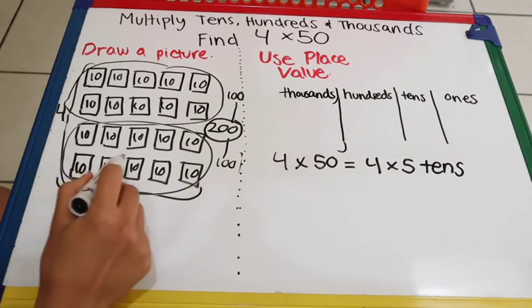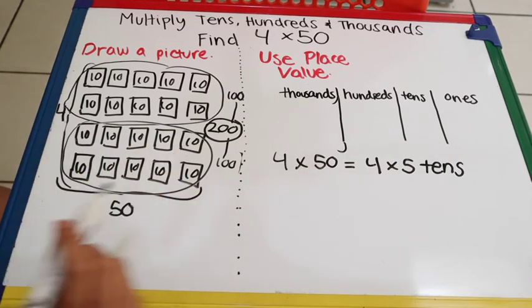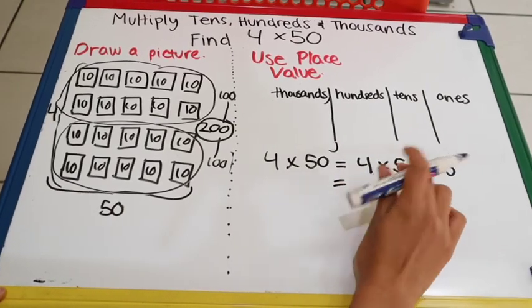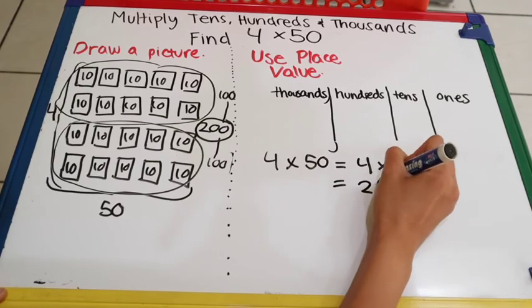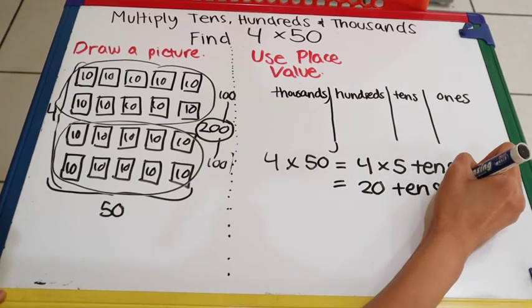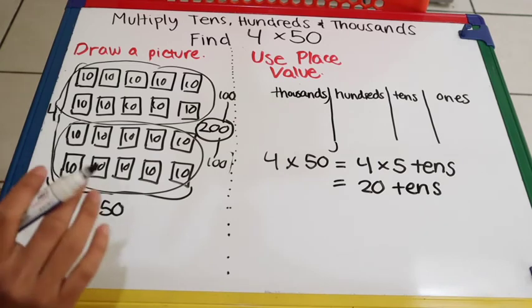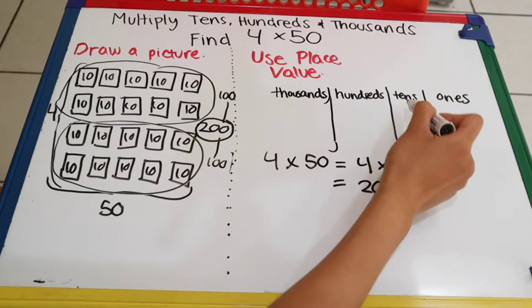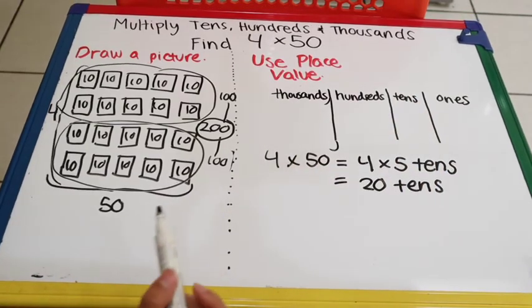Okay, 1, 2, 3, 4, 5, yes. Now I can multiply 4 times 5, which equals 20 groups of 10s. And now I can plug in my groups of 10s into the place value chart.